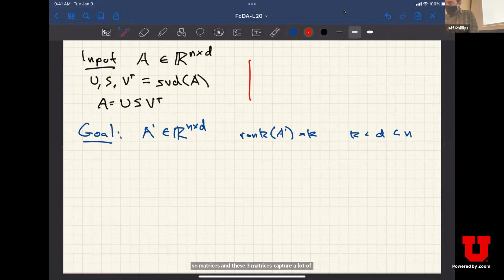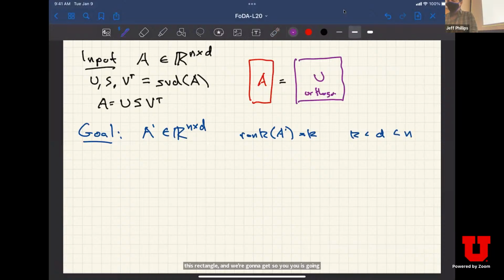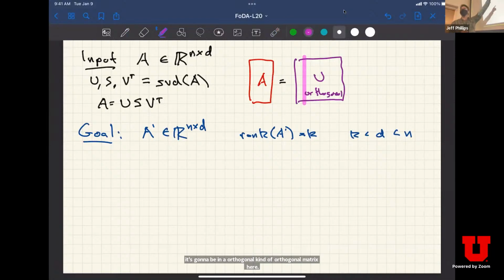We'll think of A looking like this rectangle. U is going to be an orthogonal matrix here. That means that these columns are going to be interesting. These are going to be the left singular vectors.